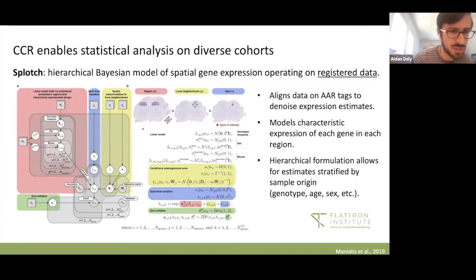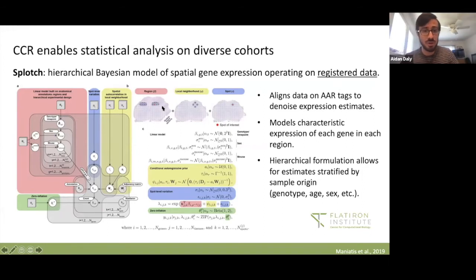So I'll just quickly touch on this paper, Splotch, which you can see I put a citation down there, in Science. Splotch is a hierarchical Bayesian model of spatial gene expression that operates on registered data.